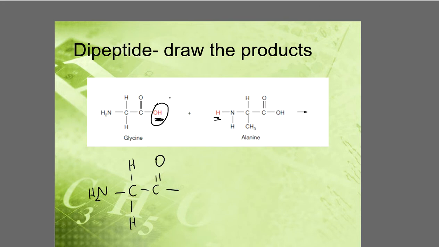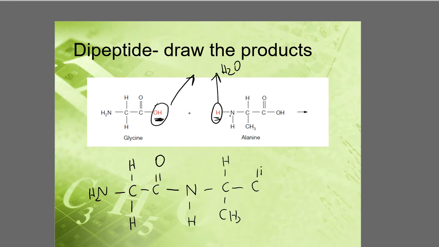I know my OH is cleaved off and my H is cleaved off to produce water. So now my carbonyl carbon is left open to bond directly to the nitrogen of my alanine molecule, and then I can finish drawing the rest of my amino acid exactly as it is.